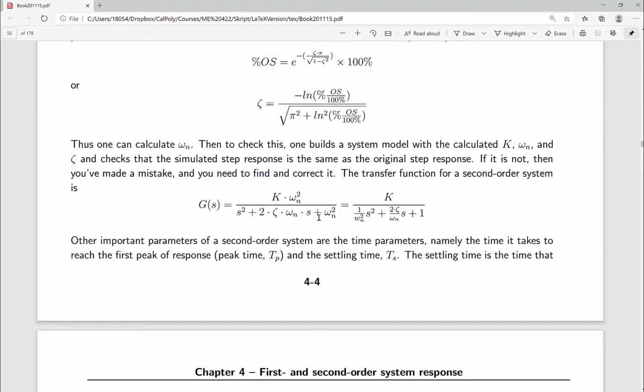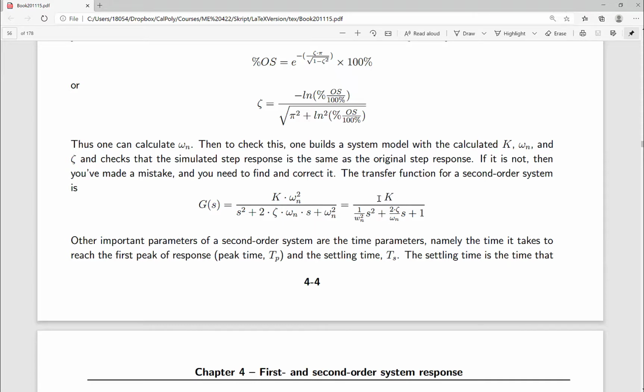Now, if we look at our system response and our system transfer function, this is the transfer function if you know K, zeta, and omega n. And there are actually two versions of this. You can use this version here, but if you divide the top and the bottom by omega n, you have this version over here on the right.